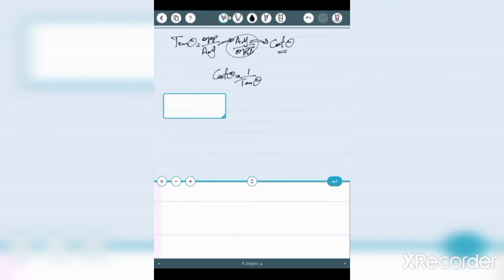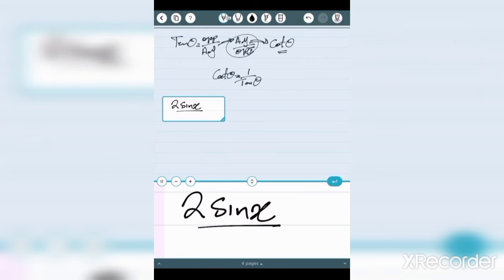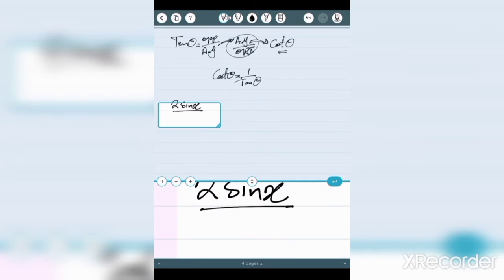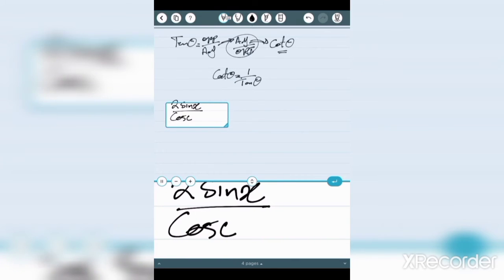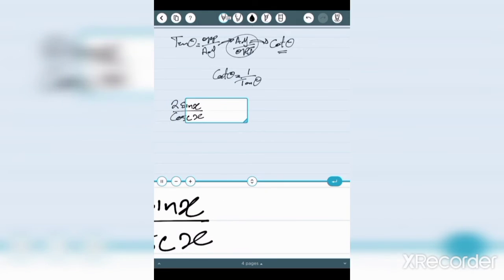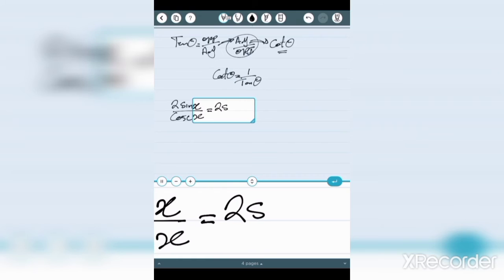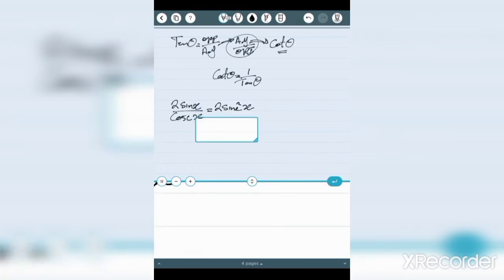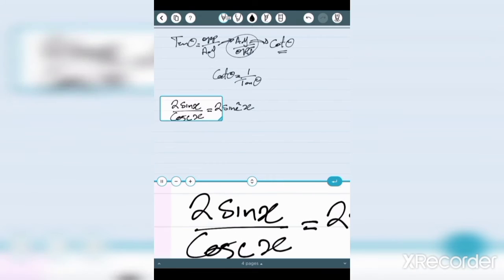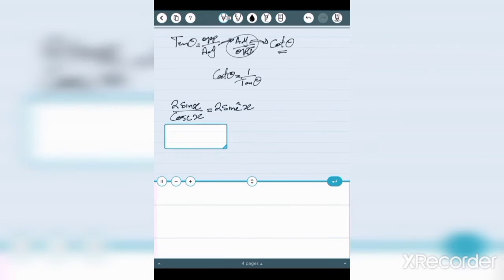So now we have something like 2 sine x divided by cosec x is equal to 2 sine squared x.